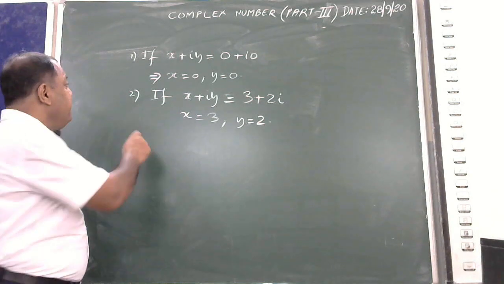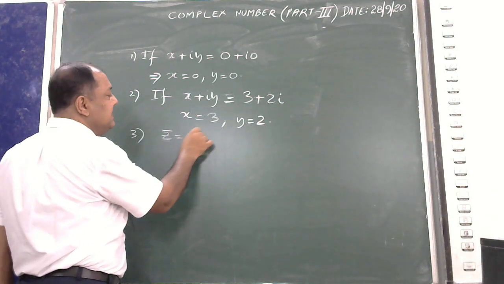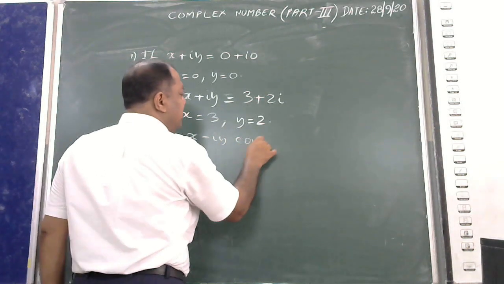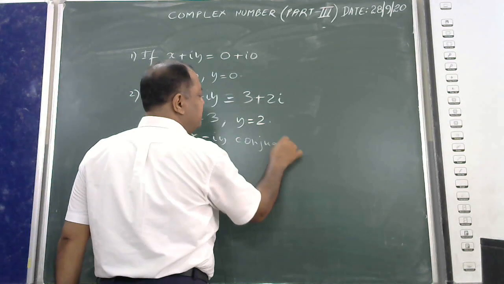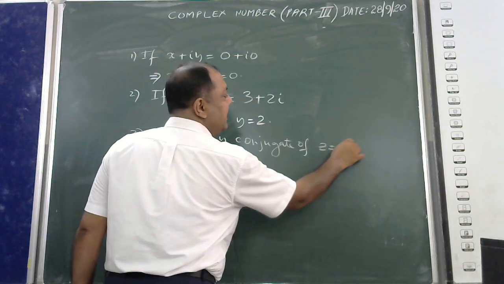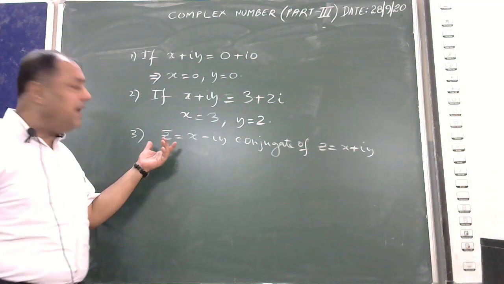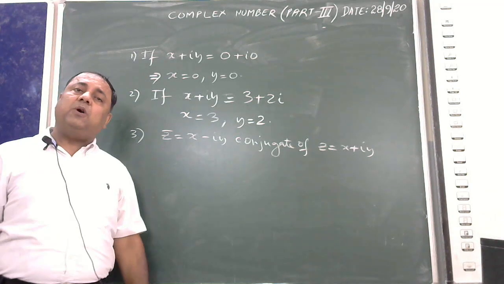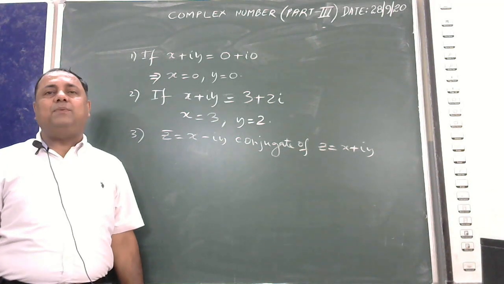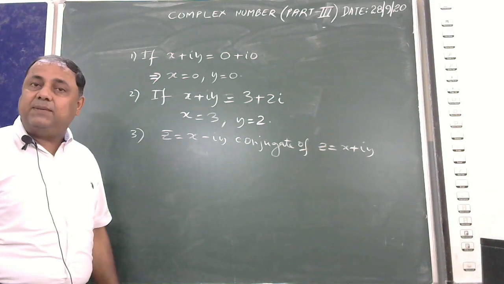And again, I discussed what z bar is. The conjugate of z, which is x plus iy, is z bar, which is x minus iy.